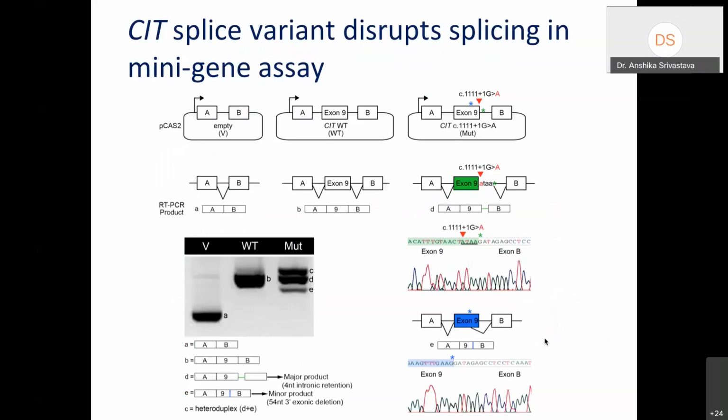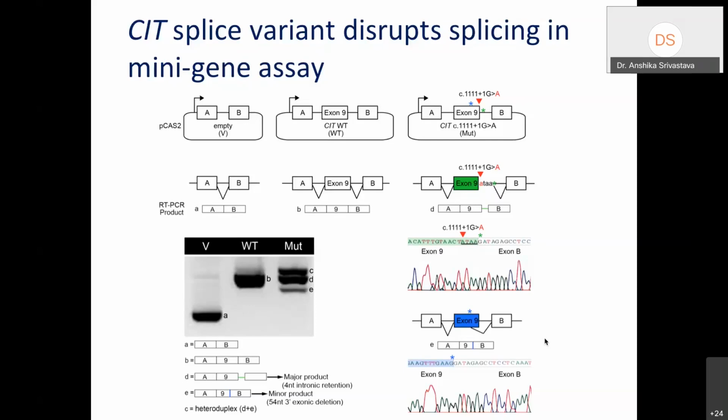Why was exon 9 taken? Because the splice variant is present close to the downstream end of exon 9. So we amplified the region of interest from a wild type individual and cloned it into the pCAS2 vector.